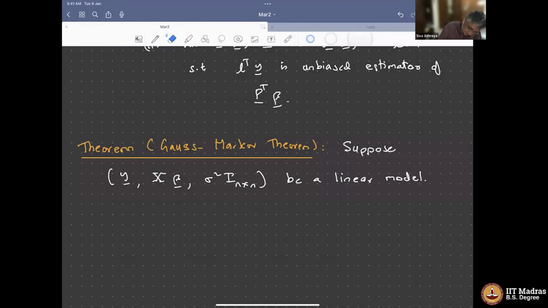And we'll also assume, let's say, P transpose beta is an estimable linear parametric function.